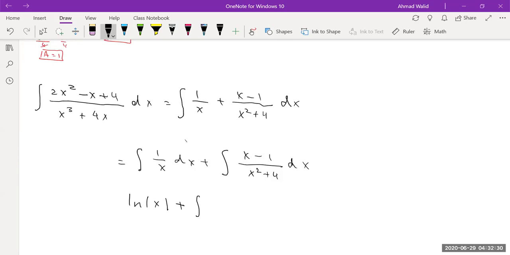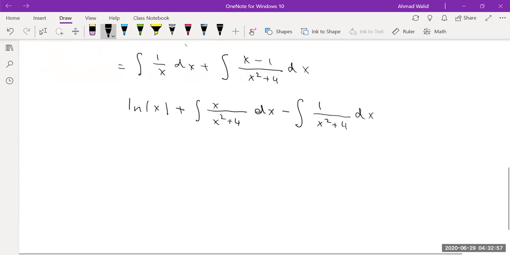I can write it as the integral of x over (x squared plus 4), and here you have negative, before I forget dx, minus the integral of 1 over (x squared plus 4) dx.